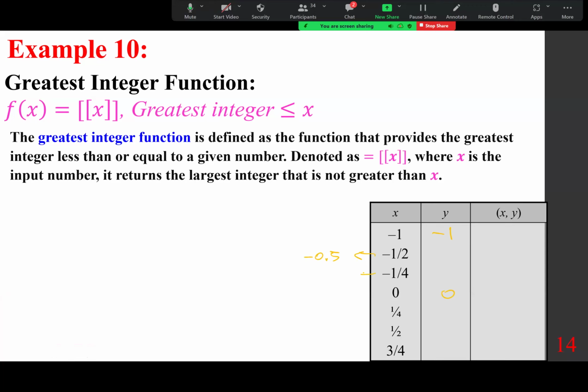Let me write it in decimal so you understand what I'm saying. -0.5, -0.25. Remember what this says. It's the function that returns the largest integer that is not greater than x. So it can't be greater than this. If you use 0, it becomes greater. So you have to use -1 for each one.